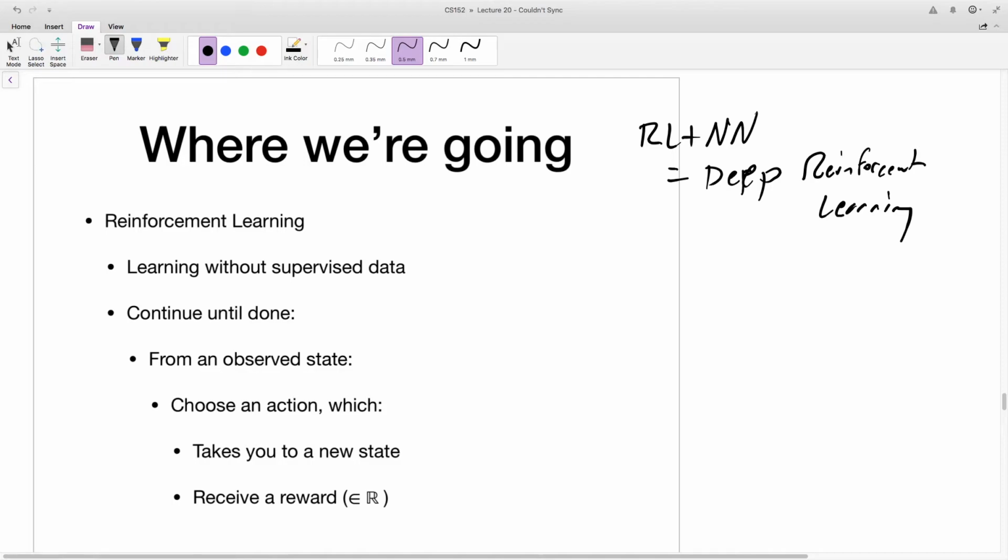That reward is just a real number. Often it's just 0, sometimes it's positive, sometimes it's negative. Our goal is to learn how to take actions such that we get the largest possible reward. This continues until we're done, where the done might be some state that just says we're done, or it could be an infinite type of interaction where we just keep going, trying to get the most reward we can.